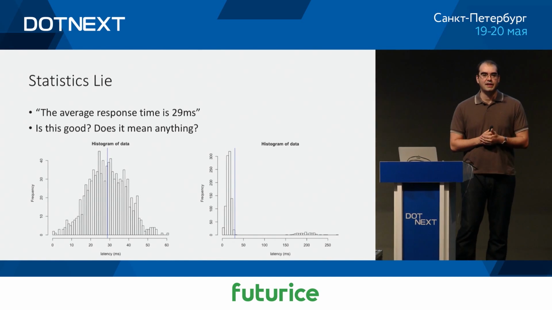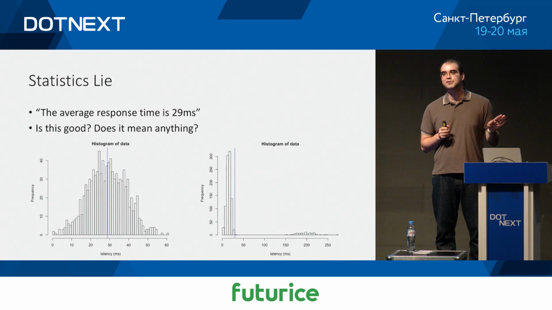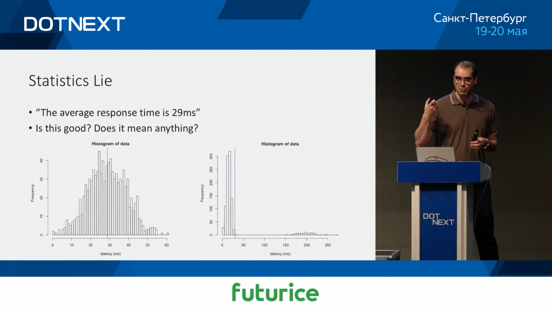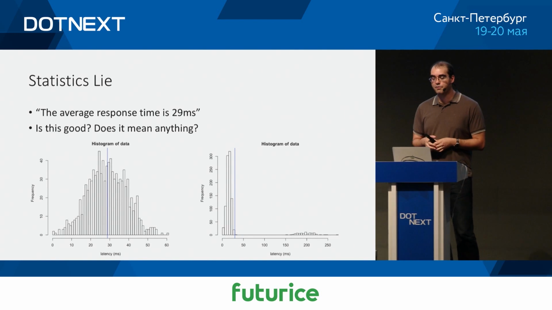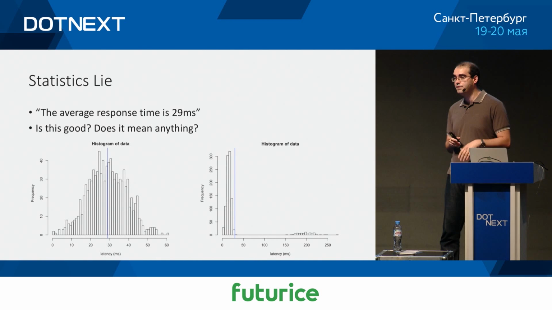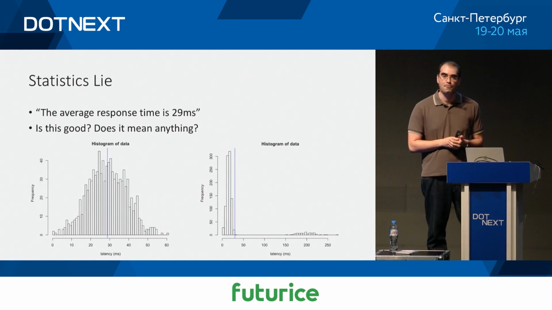Or it could mean something like this, where most of the data is on the left, like 10 millisecond response times, but there's also a clear mode of much slower results, up to 250 milliseconds, which is still giving us an average of 29.